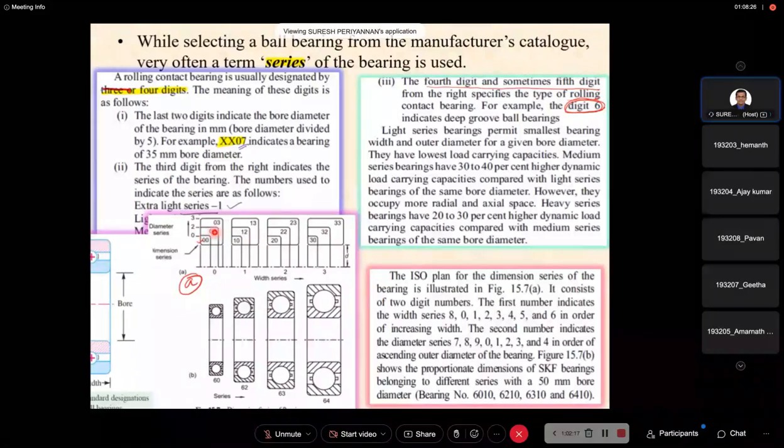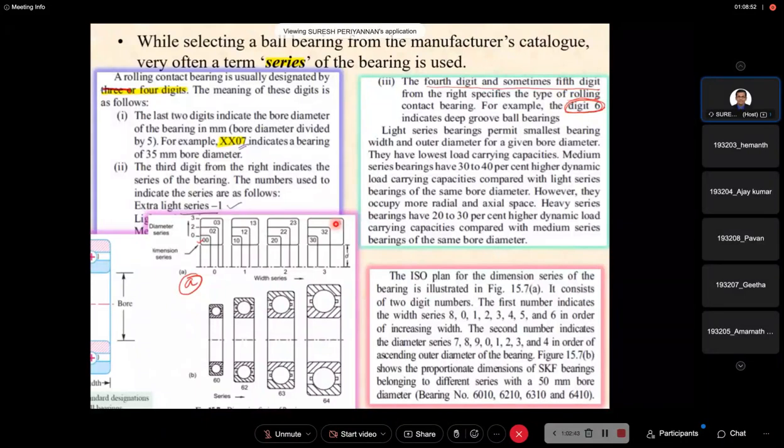But you see here, this diameter 2, 2, 2, 2, while considering the vertical axis diameter series. Now I'm taking the third: in width series 0 and width series 1, the diameter series is the same for both. This is 3, 3, 3, 3.